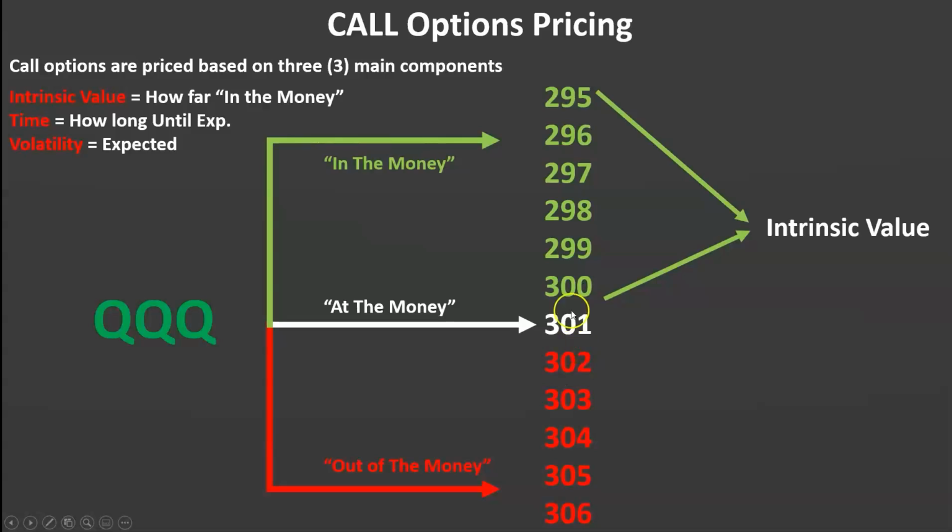This options chain will shift, okay? Because the at the money strike at a $310 price will be $310, and the 305 call is going to be way in the money.